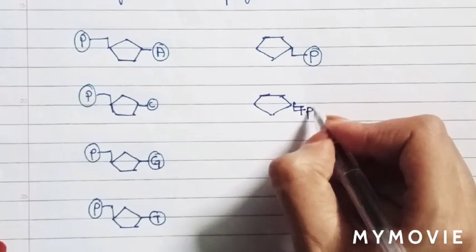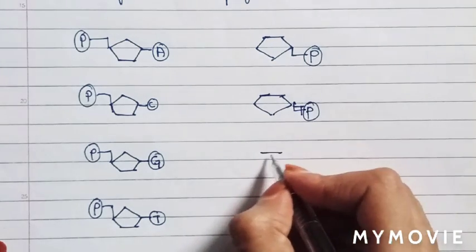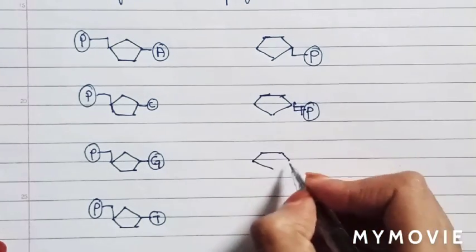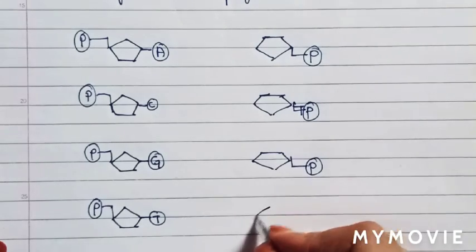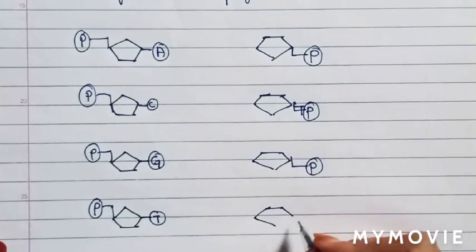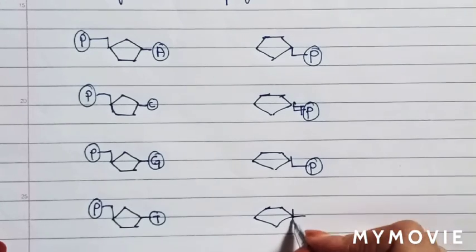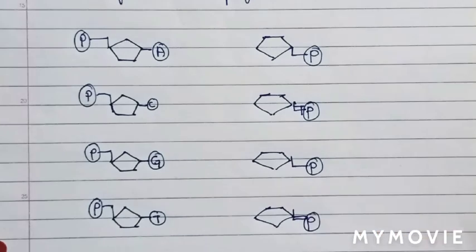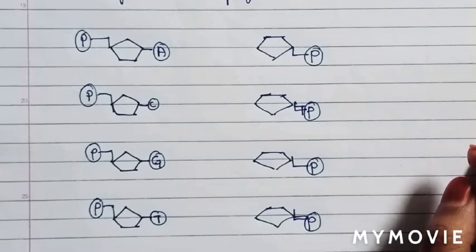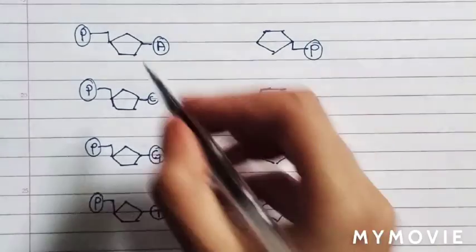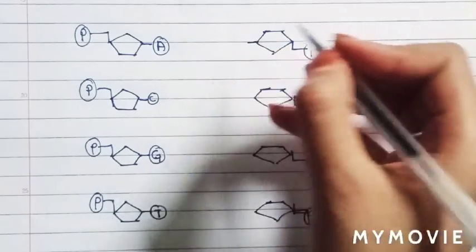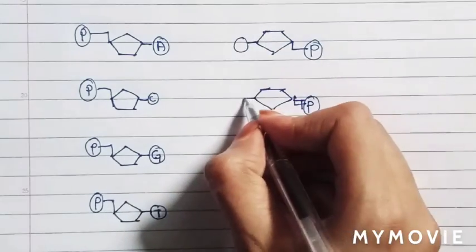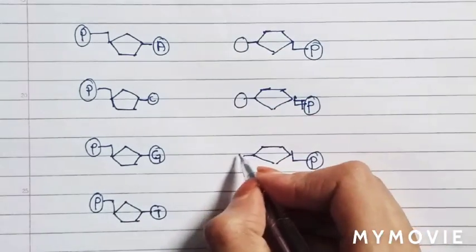Sorry, here the P is attached. Okay, we have drawn here the antiparallel strand and a parallel strand. So here which nitrogen bases are going to be attached?